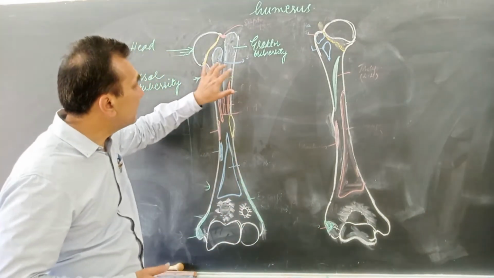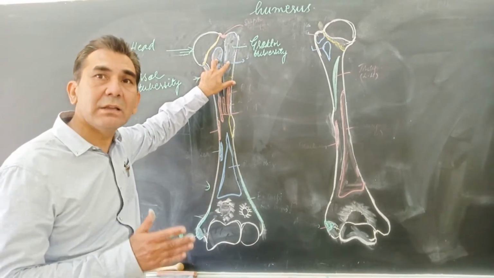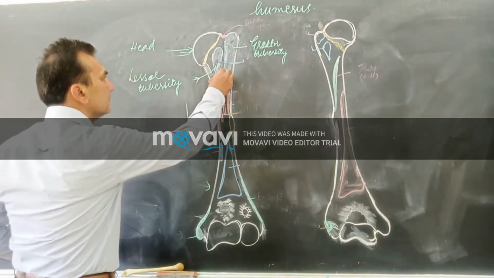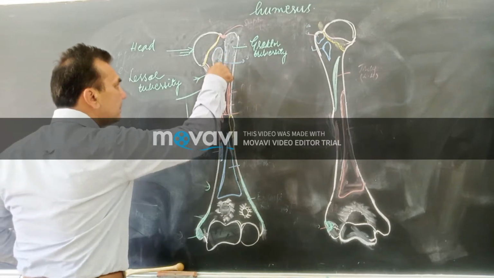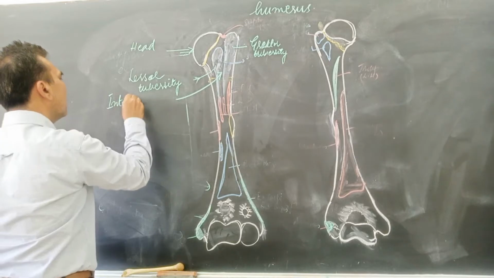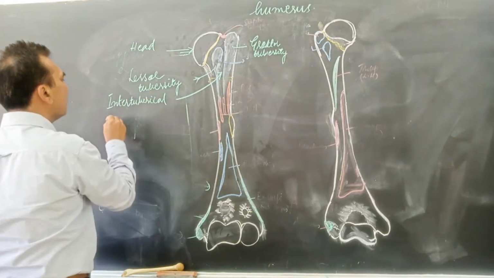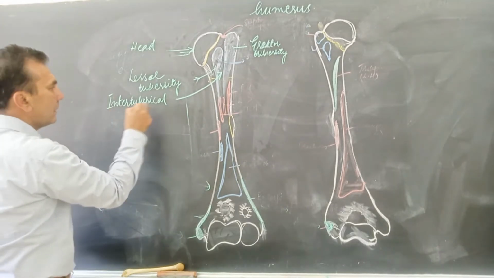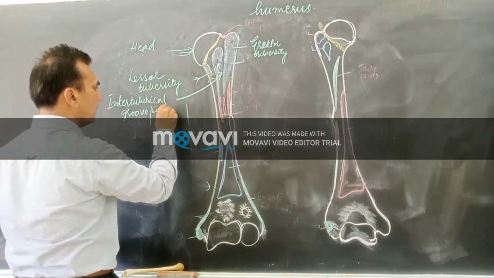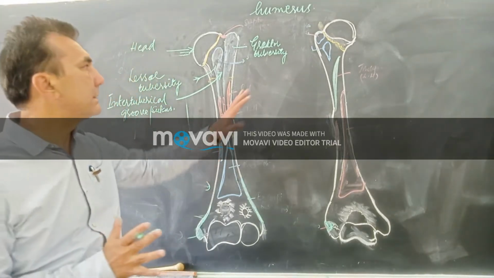So this groove is present between the two tuberosities, and it is called the intertubercle groove or intertubercle sulcus.